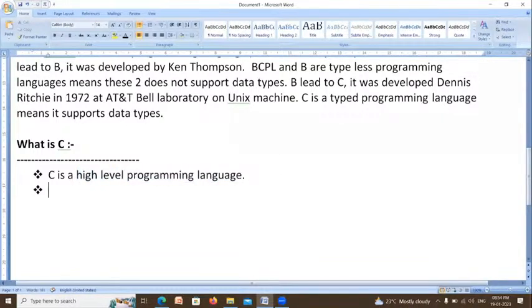C is a middle-level language. Why? Because C language supports low-level language features as well as high-level language features. Everything. So it is called a middle-level language.